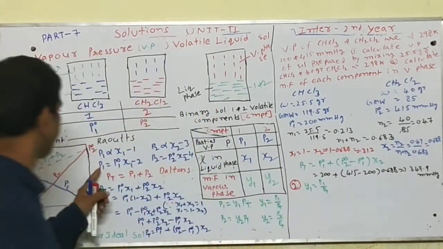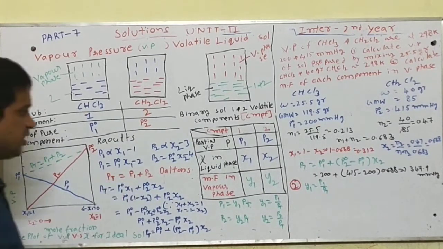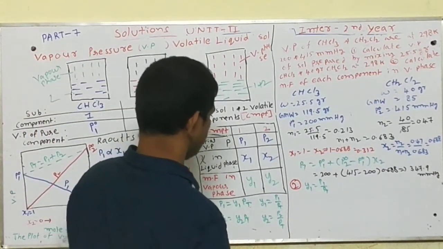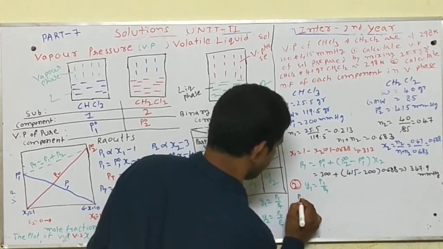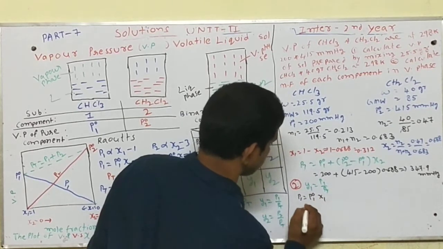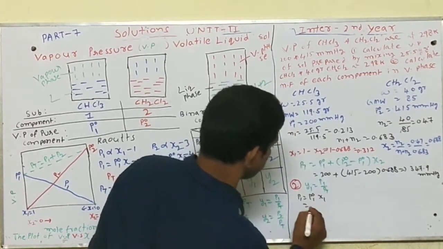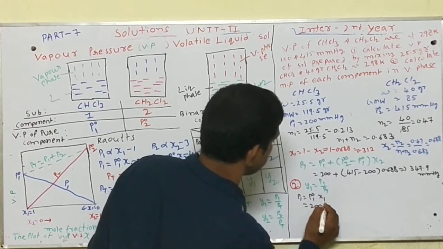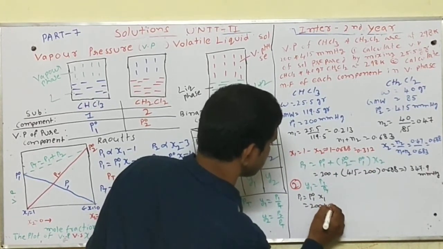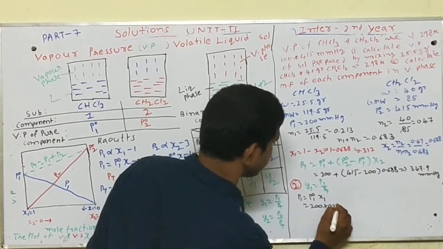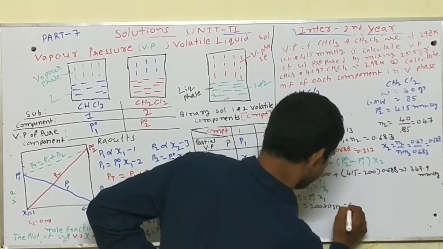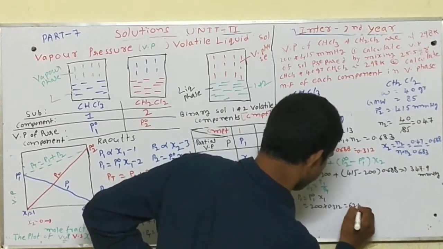From here P1 is equal to P01 x1. P01 is 200 and x1 is 0.312. On simplification we get 62.4 mmHg.